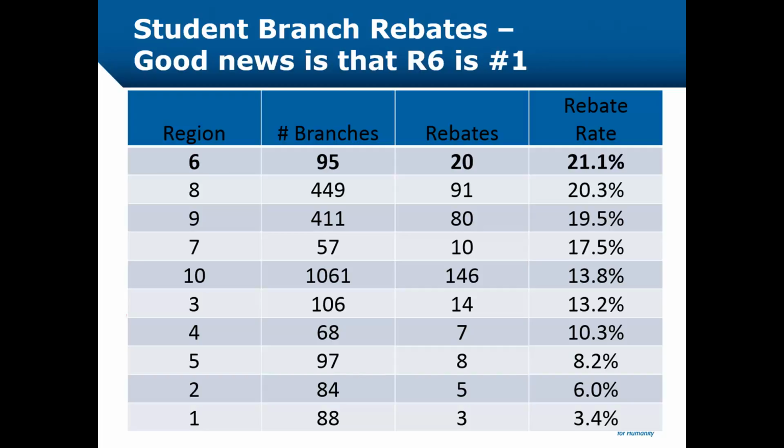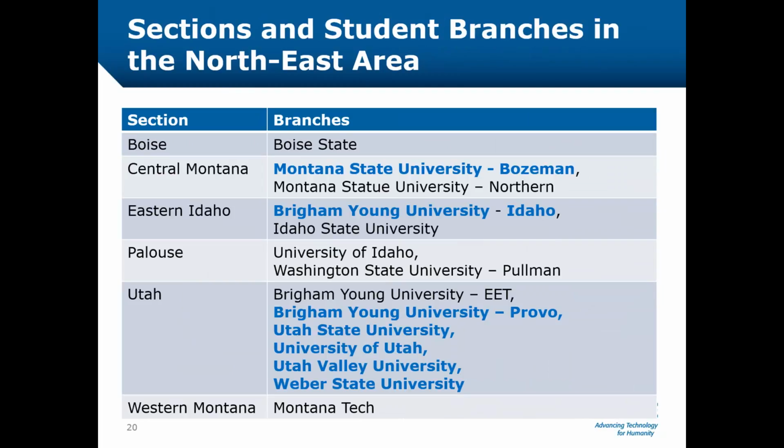What IEEE headquarters does is they generated a list, and it's on the IEEE webpage that anybody can get to without login, I think. It looks pretty nice and is well formatted, and it shows section by section what student branch, the latest chair and the latest branch counselor that they have, and when that was reported. That's cool. Based on that, that's where you got an email from me.